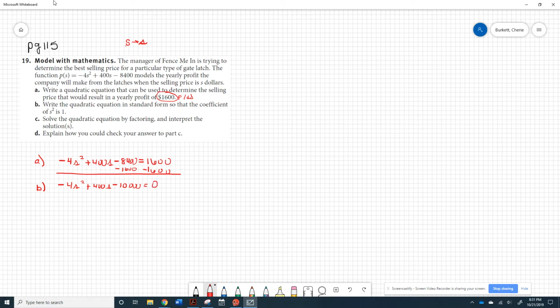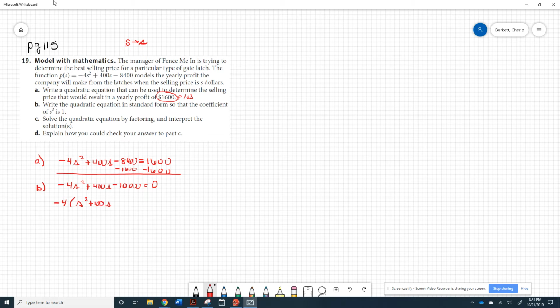It still does not have a leading coefficient of 1. So I need to see, are all of these things divisible by negative 4? They are divisible by negative 4. So let's factor out that negative 4. S squared, 400 divided by 4, that's 100. Undistribute the 4, that's what I'm doing.